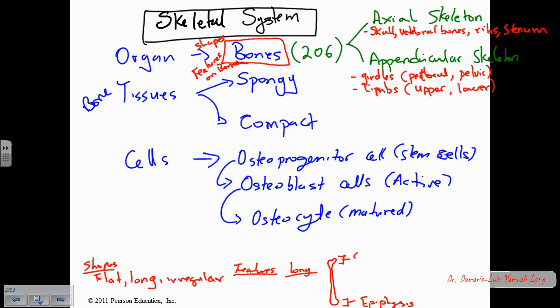And then the shaft of the bone, which is the middle part of the bone, is called diaphysis. And then there is the area between the epiphysis and the diaphysis called metaphysis.